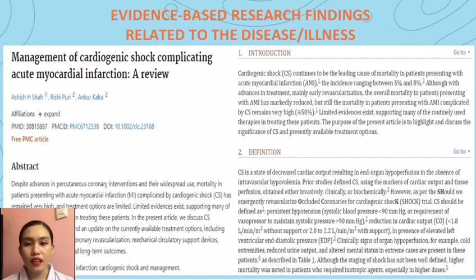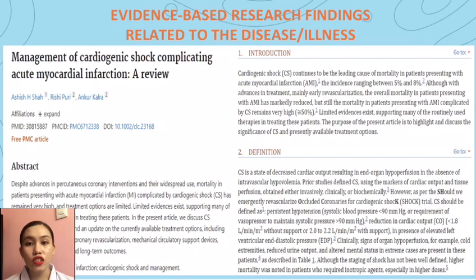So next is the evidence-based nursing practice, which is about management of cardiogenic shock complicating acute myocardial infarction. In the absence of intravascular hypovolemia, cardiogenic shock is a condition where there is decreased cardiac output and end organ hypoperfusion.